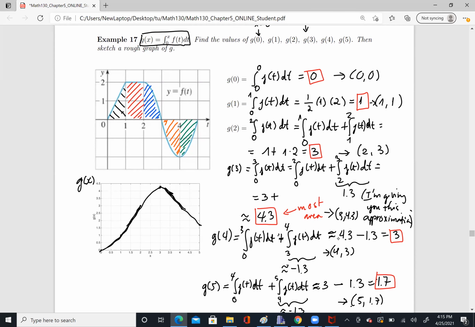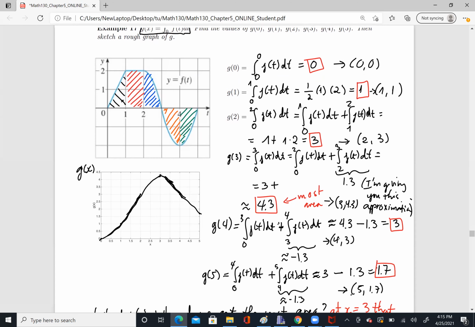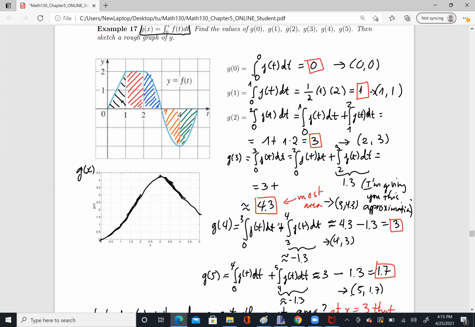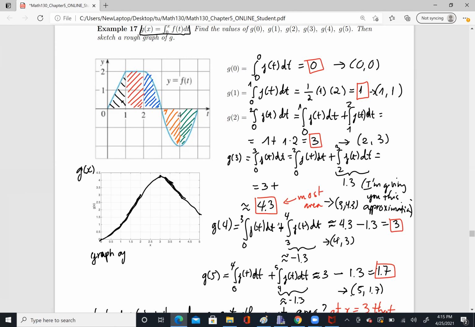And you see that it is called the graph of all values of g.